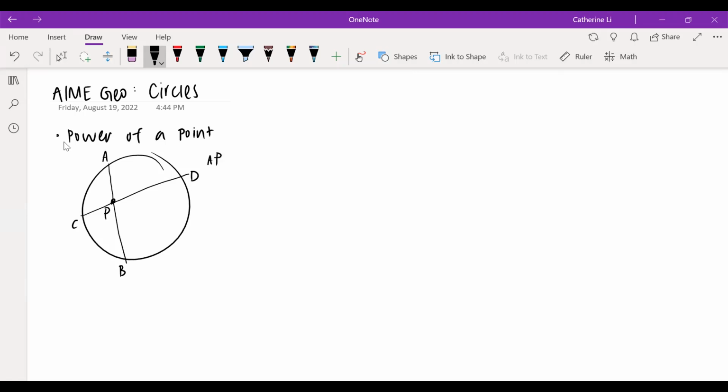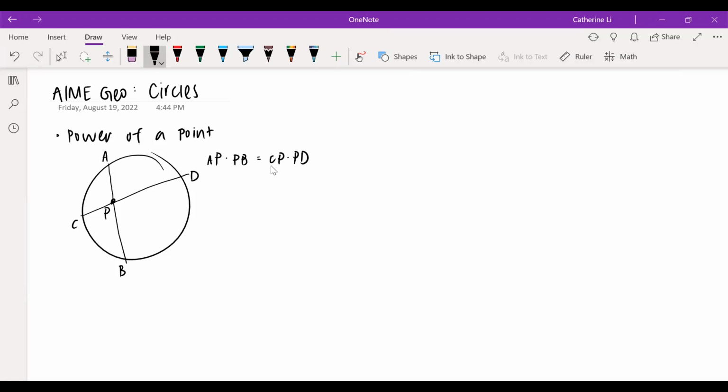So the power of P is AP times PB, and it's also CP times PD. And we get that these two are equal, and that's true for any chord passing through that point.